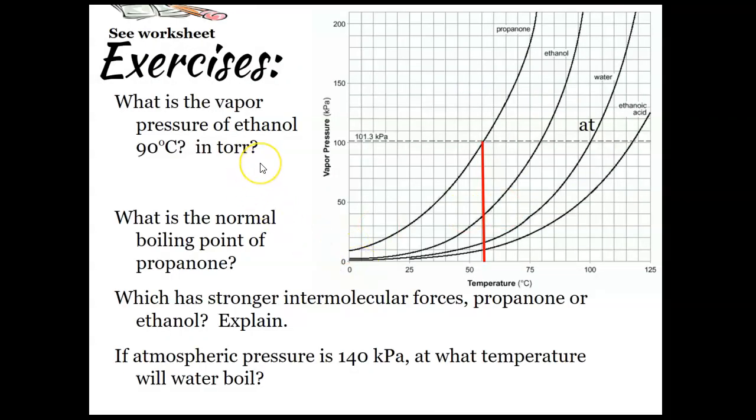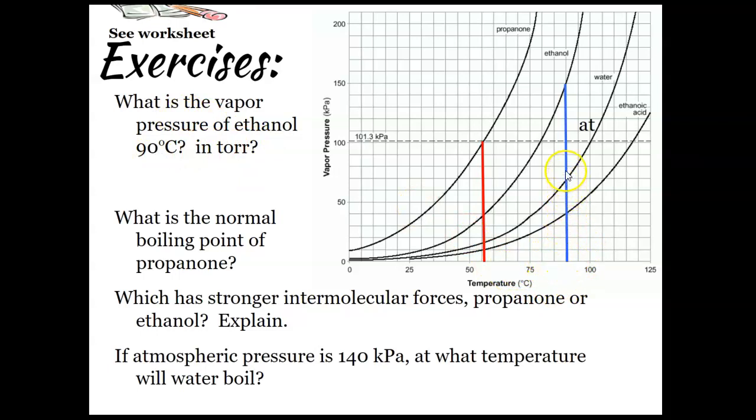All right, so real quick exercises. What is the vapor pressure of ethanol at 90 degrees Celsius? I don't know why there's a line right there. It's probably something else. So let's look at this. Ethanol, 90 degrees: 75, 80, 85, 90.